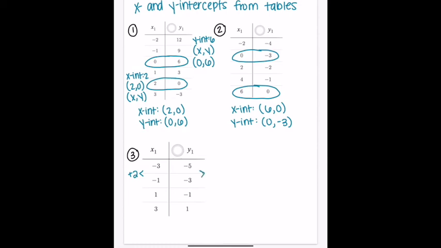And the change in y, from -5 to -3, that's going up by 2. So my rate of change, or change in y over change in x, is 2 over 2, which is 1.